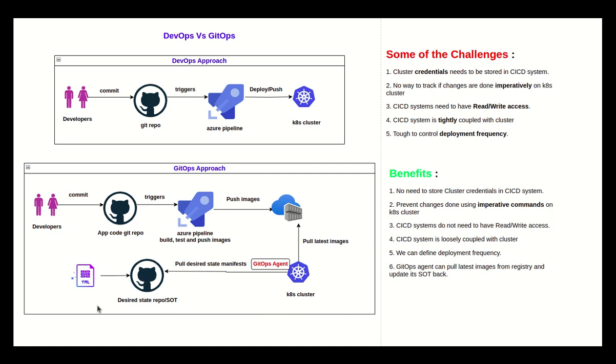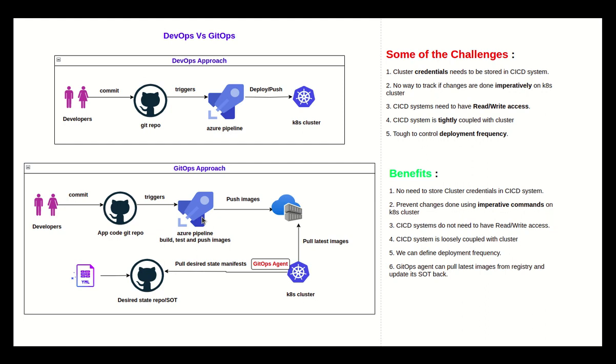In this repo, we declare the desired state which we are expecting on the Kubernetes cluster. We declare using YAML files, and there are mainly 2 to 3 approaches which are generally used. One is the Kustomize way of declaring the manifest files. The other is Helm charts. So using this set of approaches, we declare the desired state in this repository.